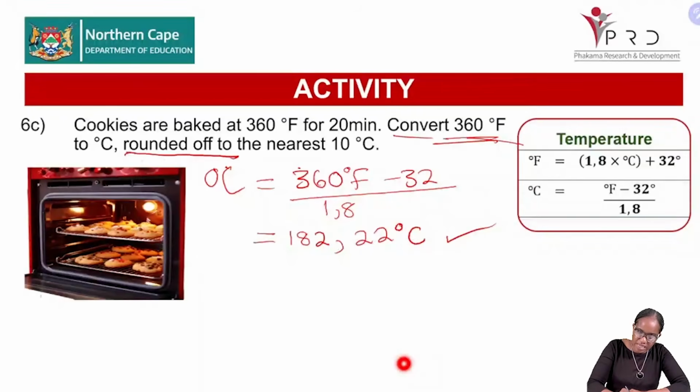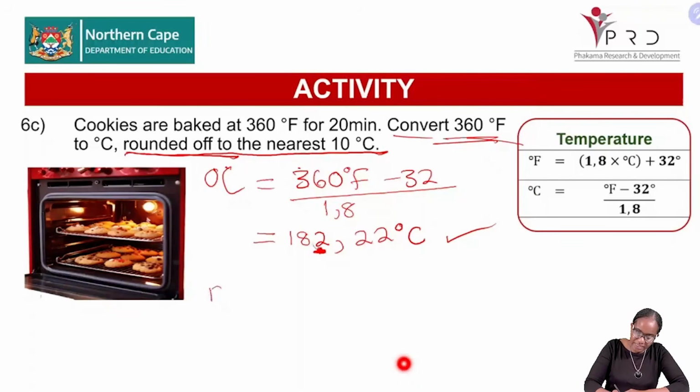Rounded off. We have to round off. When we're rounding off to the nearest 10, we look at the units. In the units there, what do we have? We have a 2. So 2 is less than 5. What happens when the number is less than 5? We round it down.